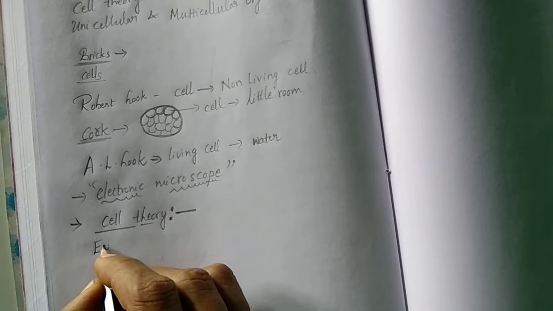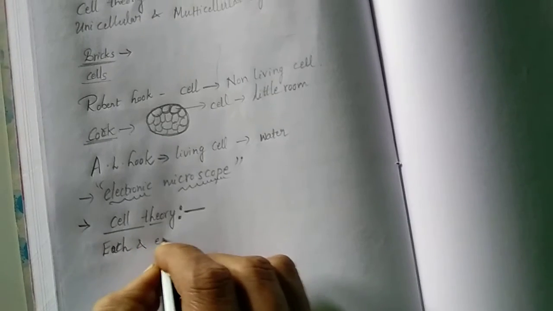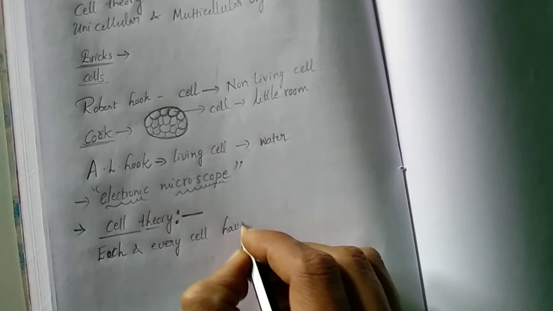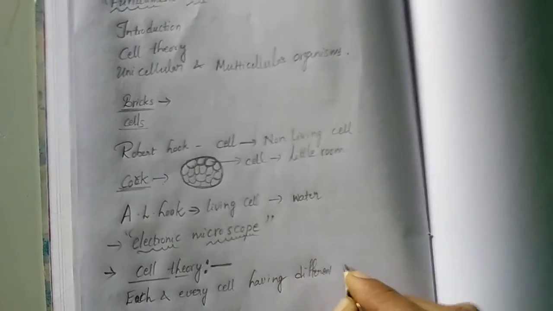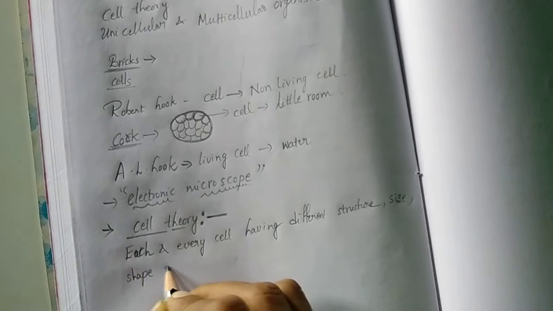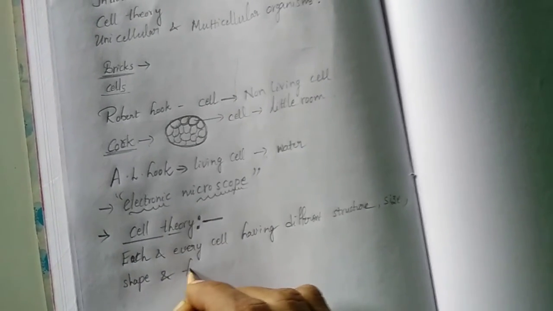In this cell theory, each and every cell having different structure, size, shape, and shows different functions also. See, this is the first point we have to discuss in the cell theory.